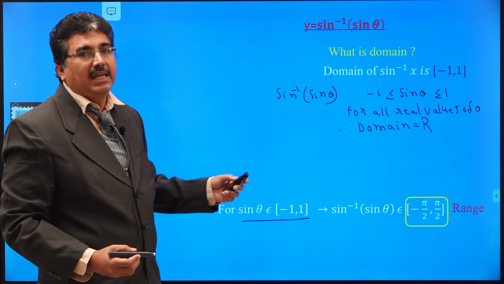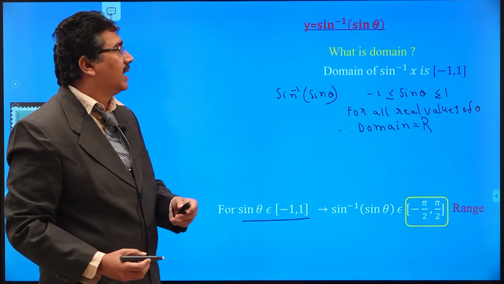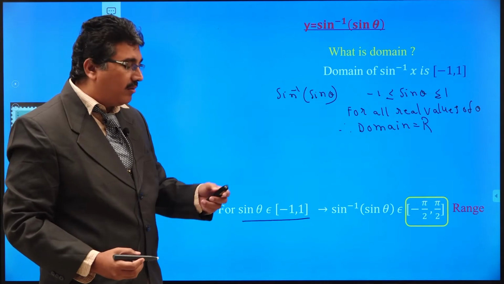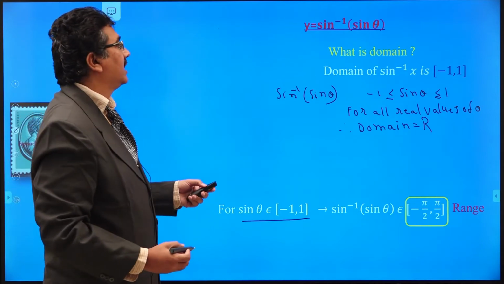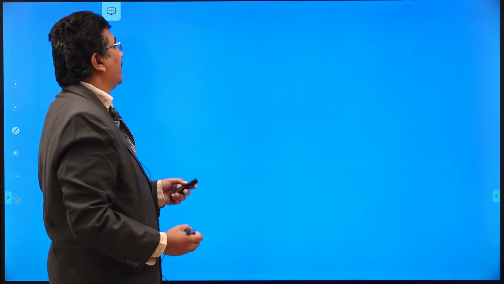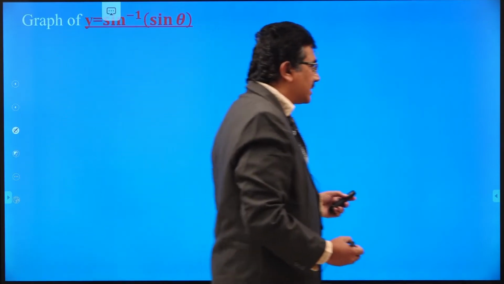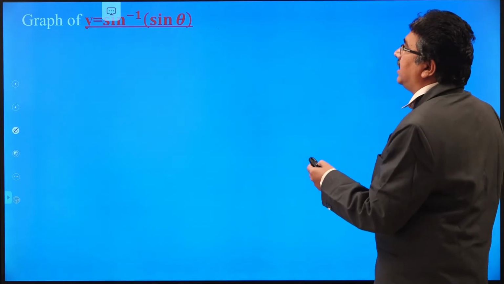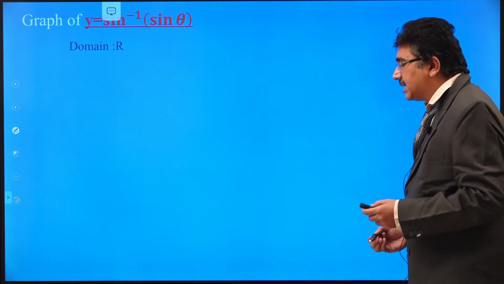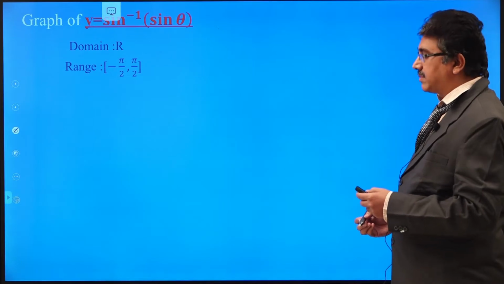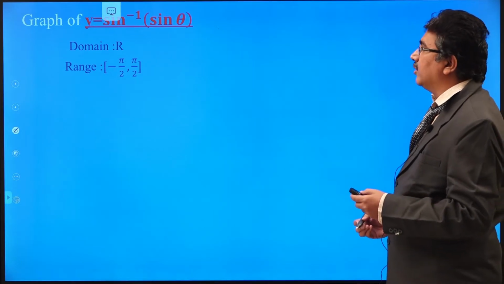Next, see how to draw the graph of y is equal to sine inverse of sine theta. Domain is R, range is the closed interval minus pi by 2 comma pi by 2.